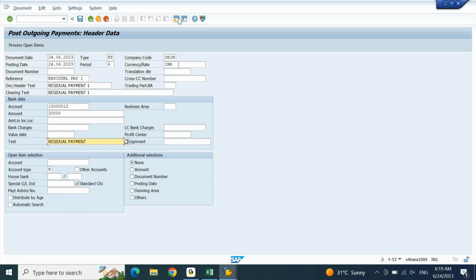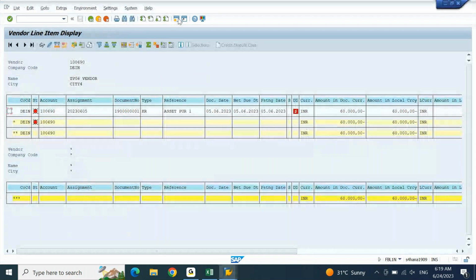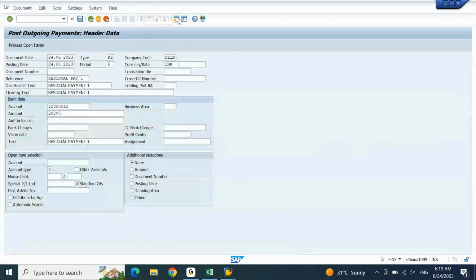Vendor account is 100690. There is only one open item. I'm not selecting any of the criteria. I'll proceed with none, which means whatever is available on the vendor account, everything will be populated as open items. Click on process open items.